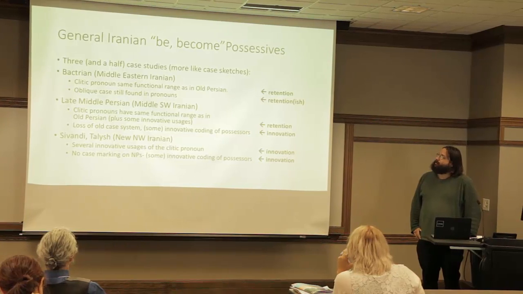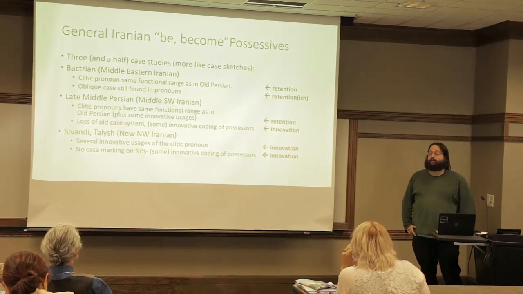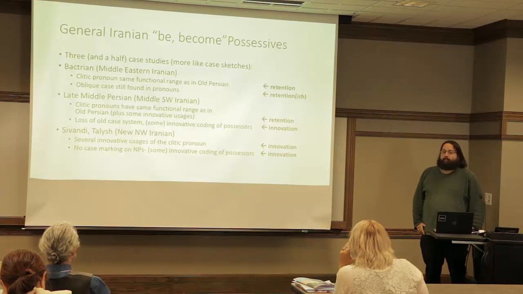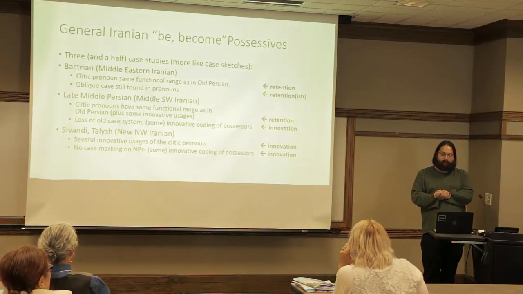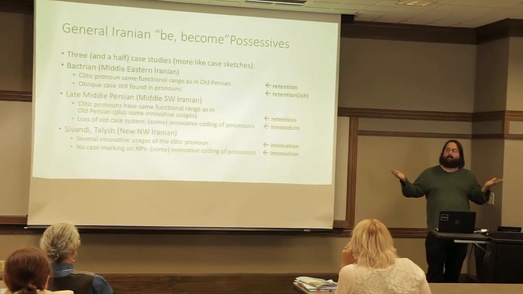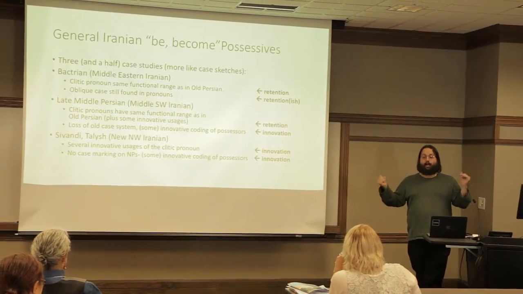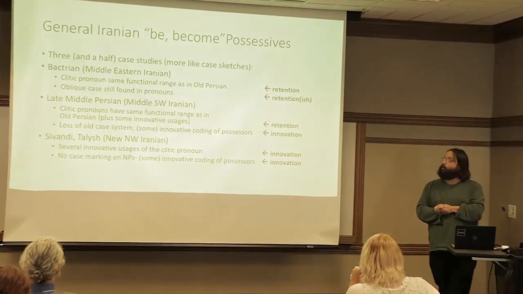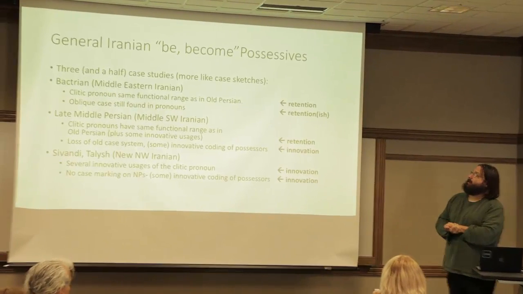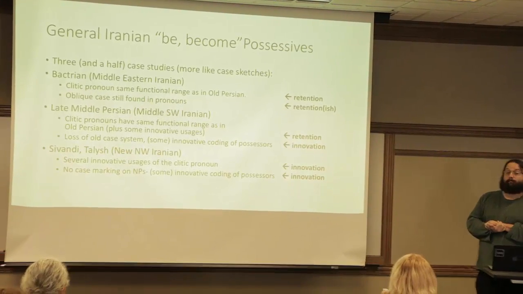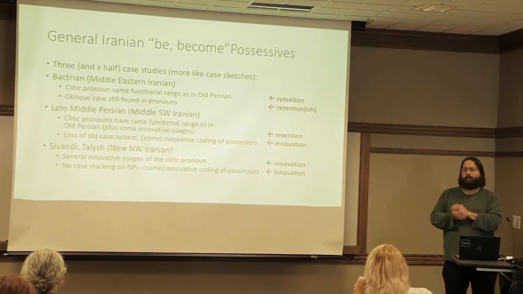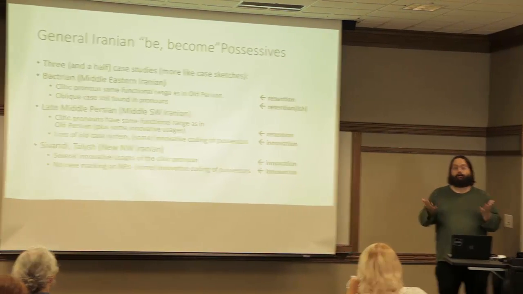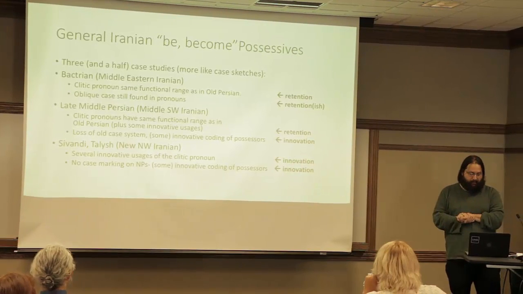We have Bactrian, which is a Middle Eastern Iranian language with a two-case system, and we have the clitic pronouns having the same functional range as the Old Persian ones, more or less, still marking possessors, and we have the oblique case marking, which is retained on some pronouns at least, marking the possessor.